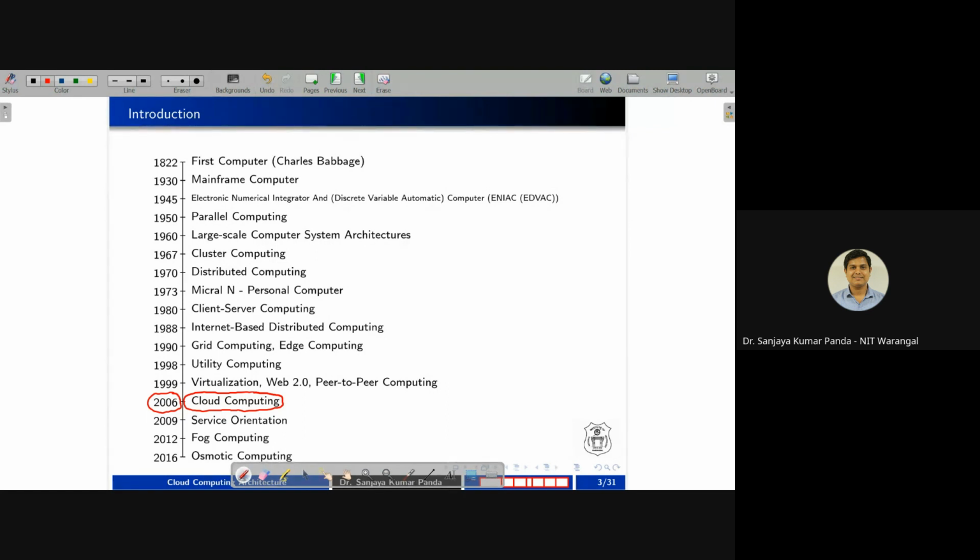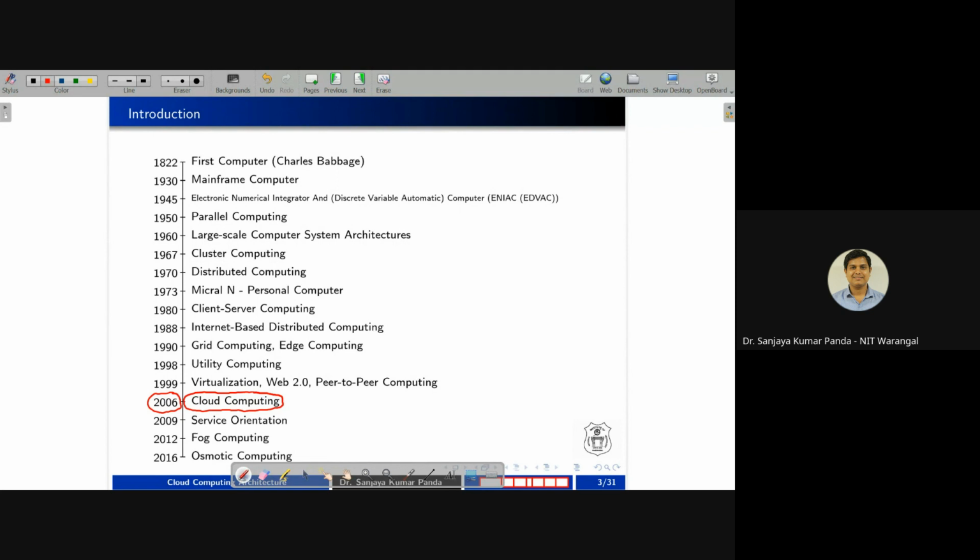Later, in 1999, we have the concept of virtualization. We have seen the concept of virtualization in the previous lecture, right? Then Web 2.0 technology came, then peer-to-peer computing came. These computing paradigms are considered the backbone of cloud computing. All the innovations people have done are summarized with the help of cloud computing.